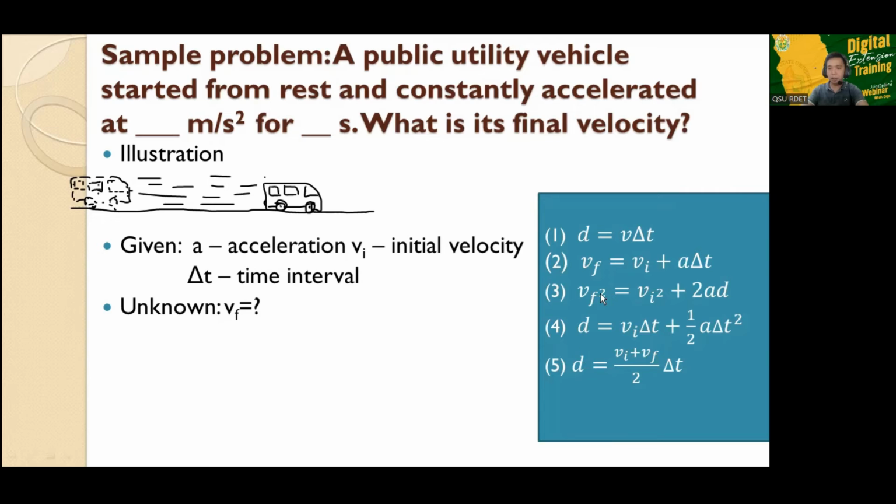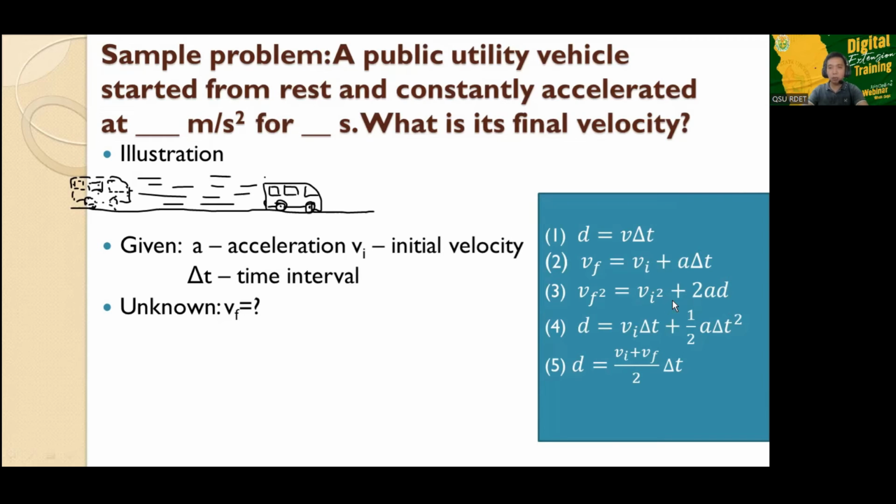Equation number 3. VF squared, that's the unknown. Initial velocity, do we have initial velocity? Let's check on the given. Yes, we have. How about acceleration? Yes, we have. Displacement? We don't have. So what does that mean?